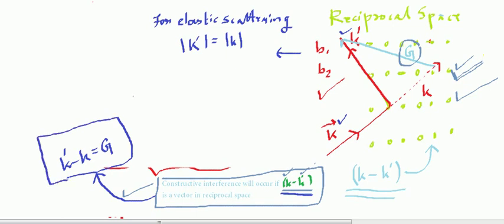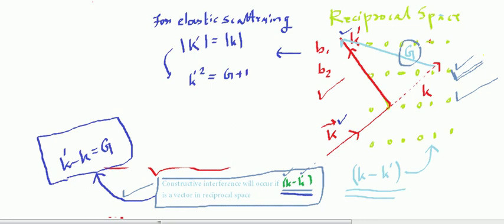So what is k dash? k dash is k plus g. So when this is converted in terms of magnitude, what will I have at hand? I will have k dash square, which you can write as the square of g plus k.